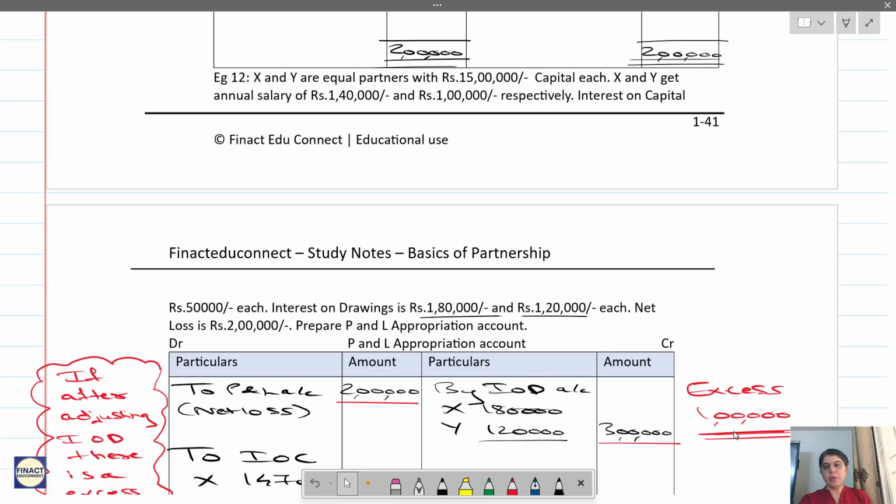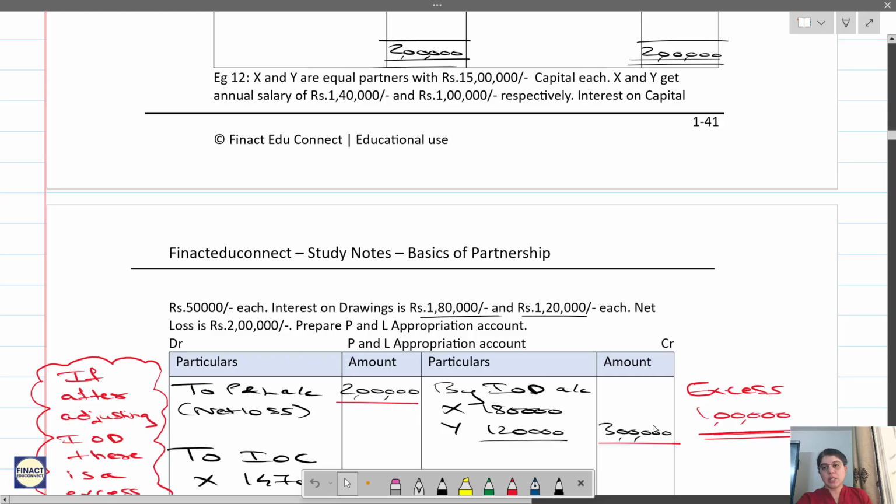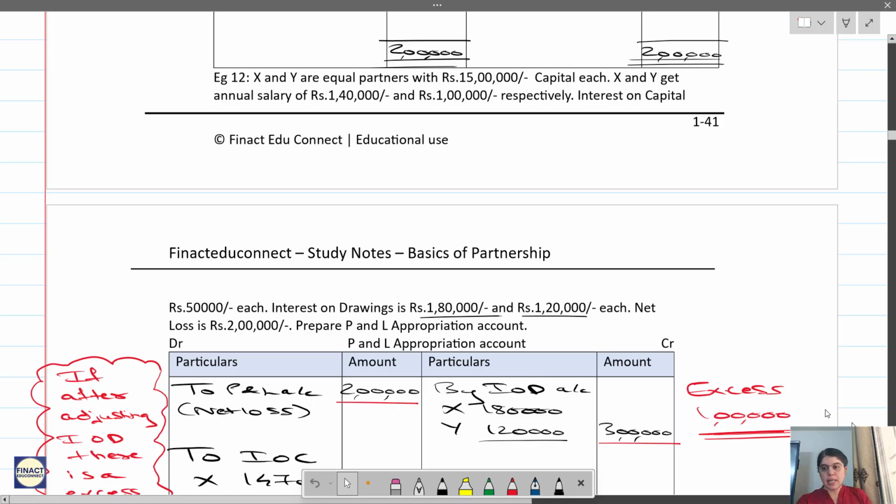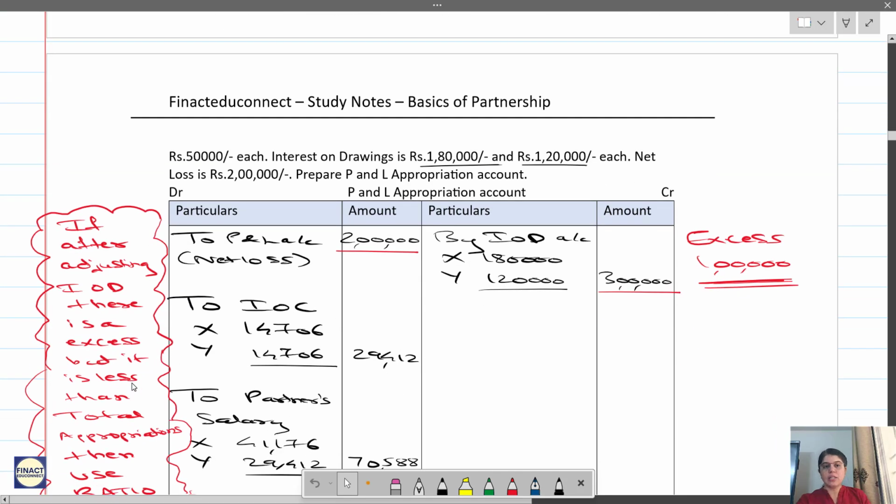So we will calculate how much is the total of interest on capital, partner's salary, partner's commission. Then we will calculate the proportion of each component to this total, and then we will allocate this excess available in that particular ratio. That is known as the ratio of appropriation.